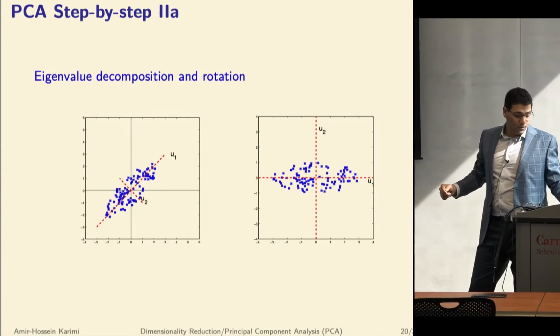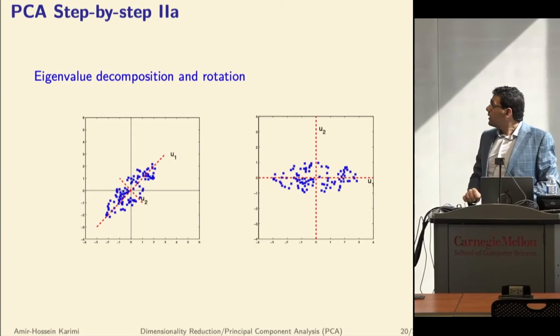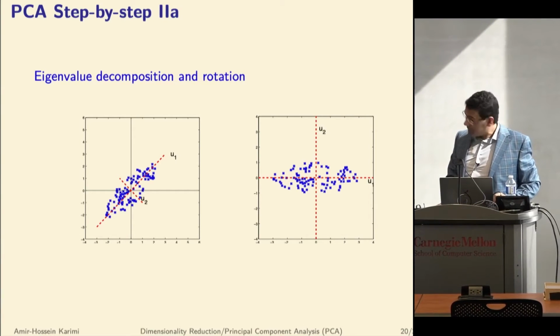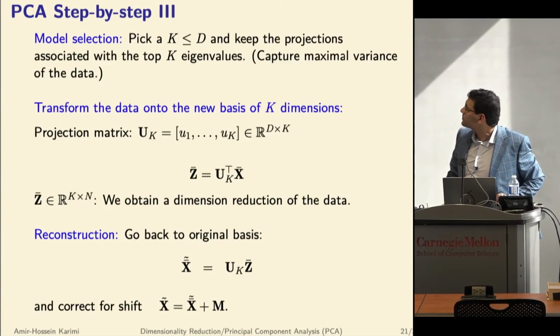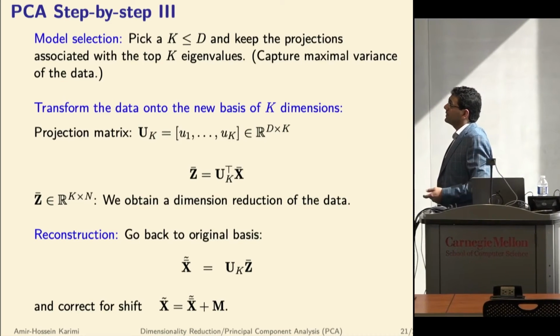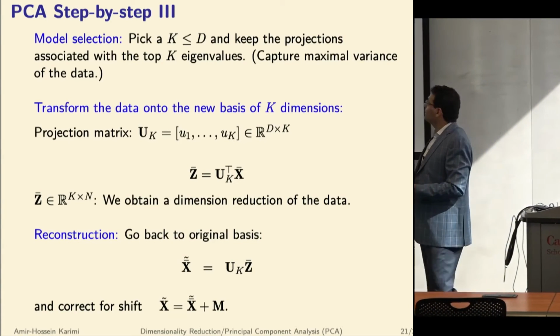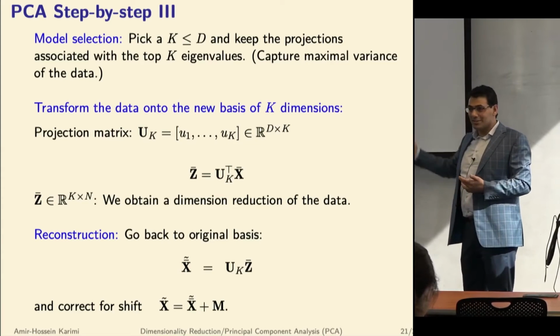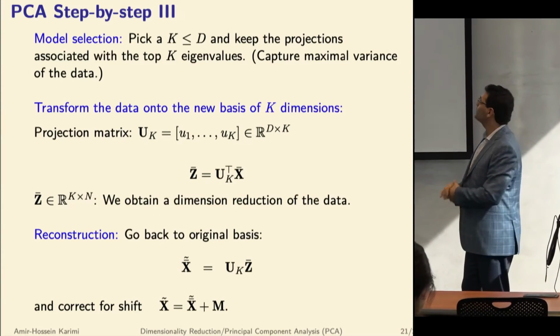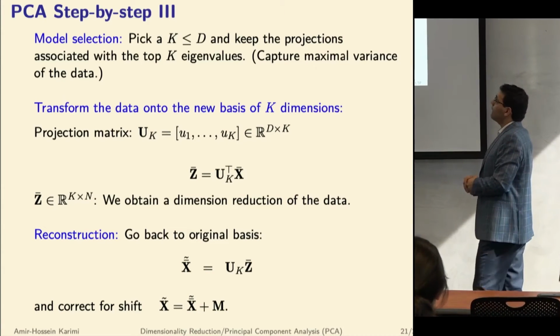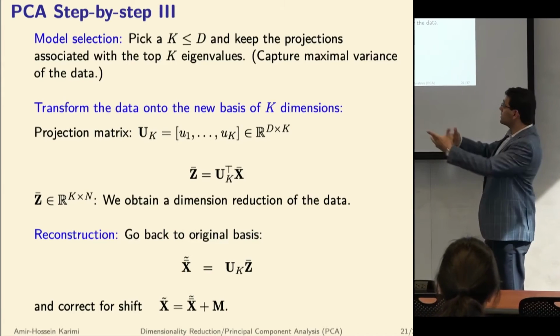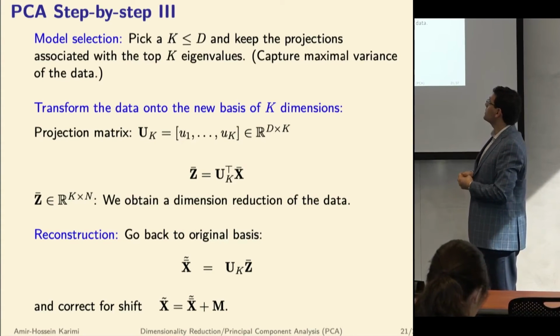Okay. Now that I have a new basis that points in the direction of variation, I need to do what is called model selection, which is basically saying, well, I started with d dimensions. I need to pick k of them because, of course, I'm reducing the dimensionality. And how many k do I select? That's the process of model selection.